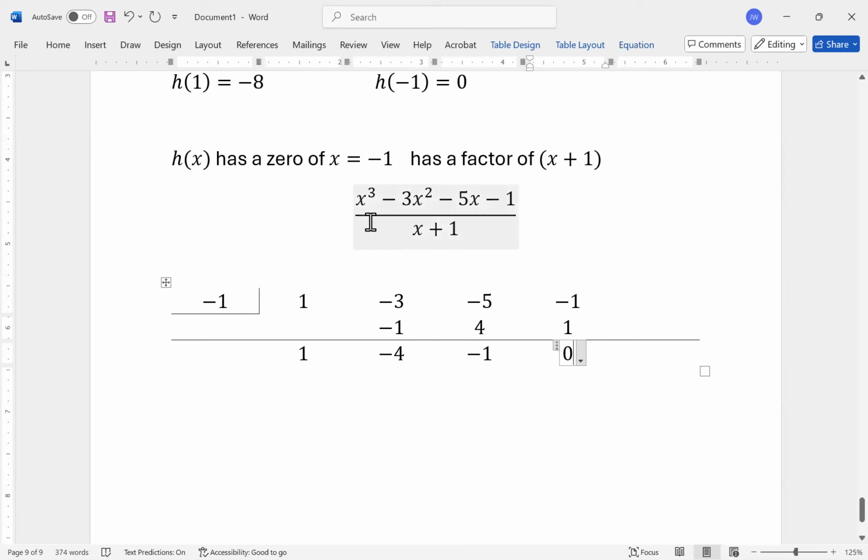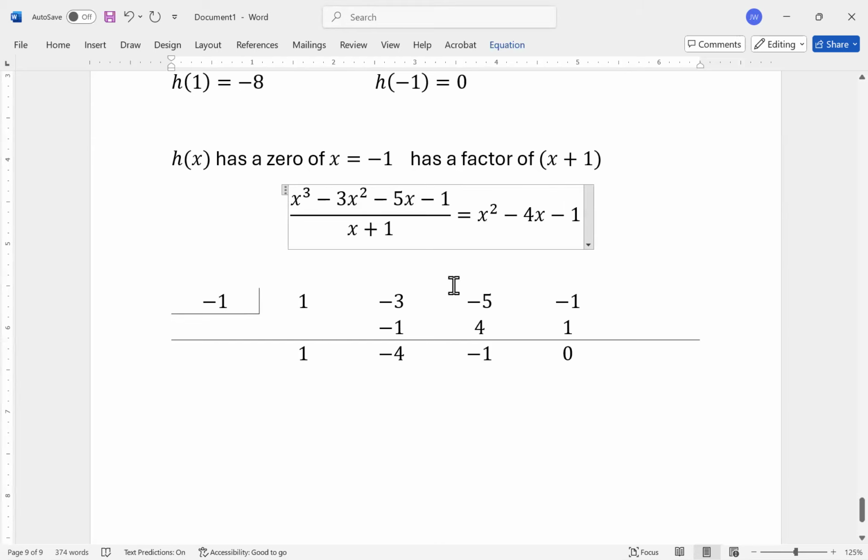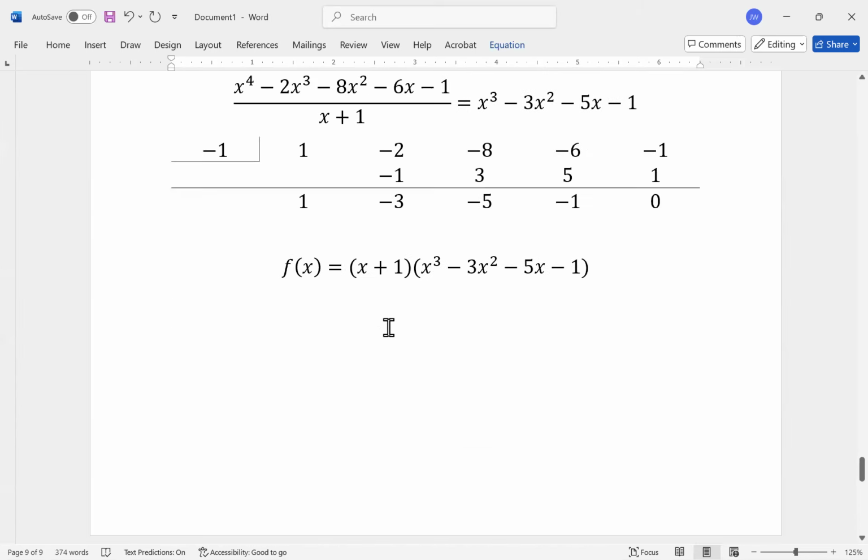That means when I divide x to the third minus 3x squared minus 5x minus 1 by x plus 1, I end up with the quadratic of x squared minus 4x minus 1. Now, think about what my original function was. My original function was x plus 1 times this cubic. This cubic, I know, has another factor of x plus 1.